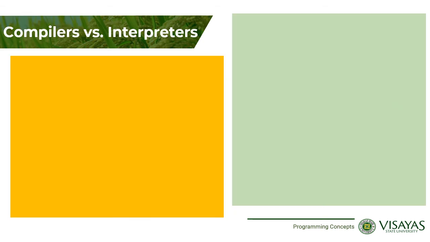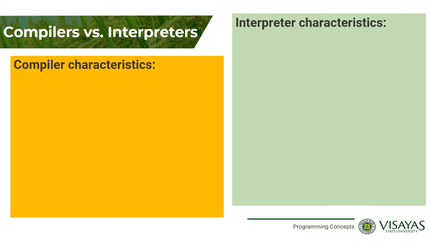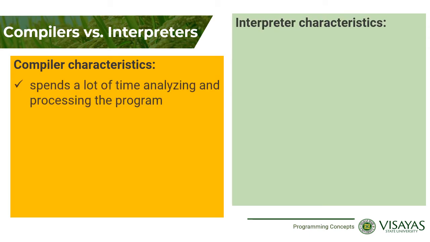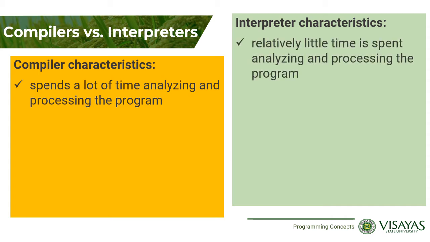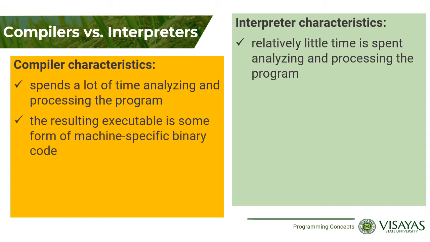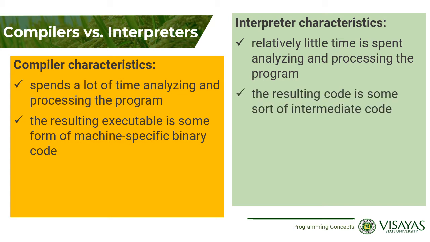Now, let's take a look at the differences between compilers and interpreters. Compilers spend a lot of time analyzing and processing the program, while relatively little time is spent analyzing and processing the program using interpreters. In using compilers, the resulting executable is some form of machine-specific binary code, while in using interpreters, the resulting code is some sort of intermediate code.